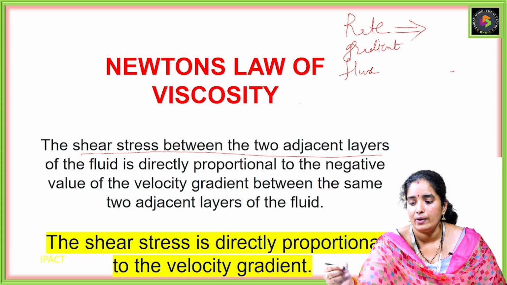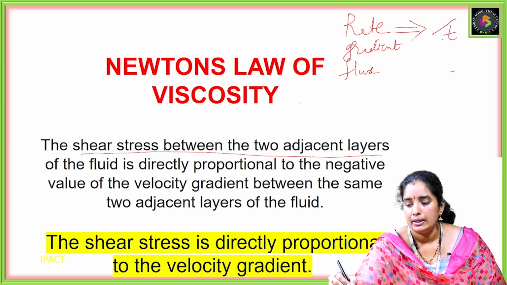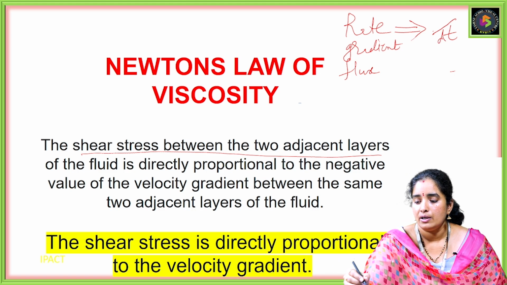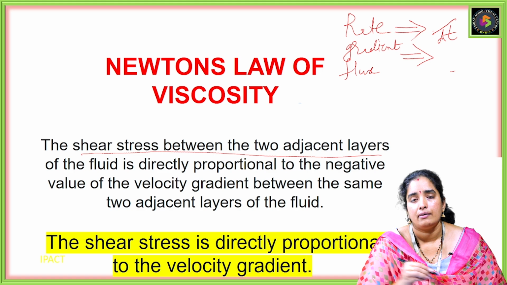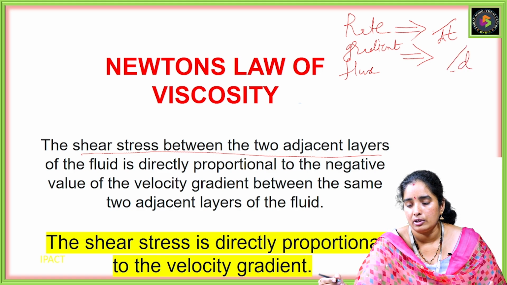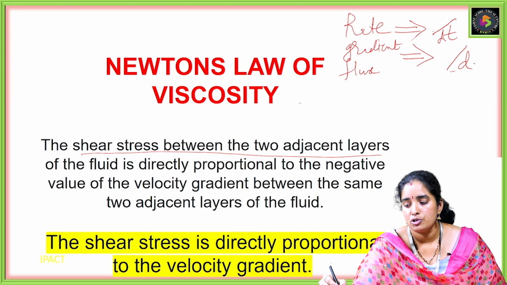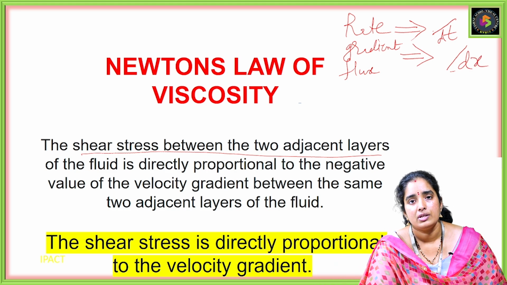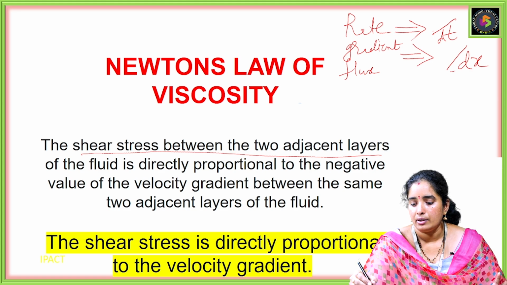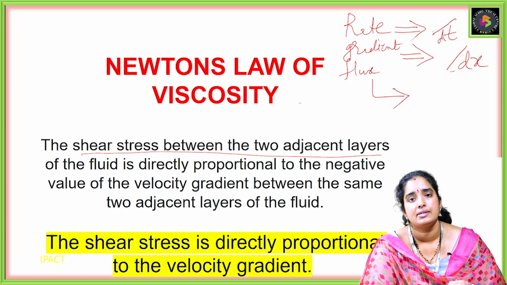Likewise, anything with respect to time, dt, we call a rate. Similarly, any quantity, whatever term you can refer to, with respect to distance is called a gradient. And the third one is the flux.